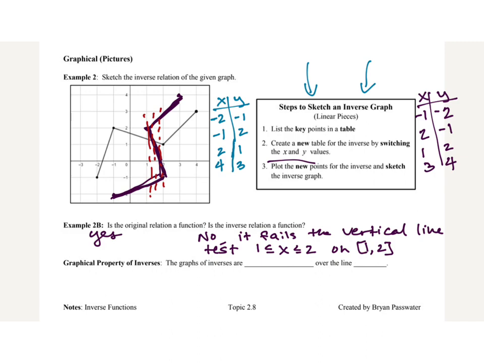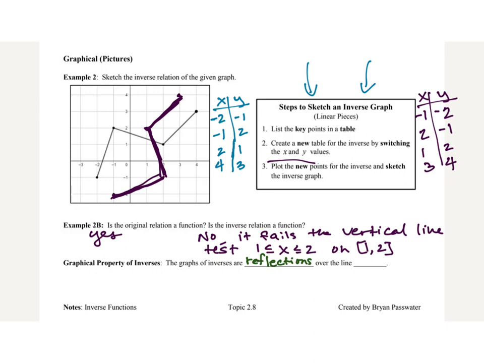Okay. Graphical properties of inverses. So this is something kind of neat. I don't know if you saw this or not. If I erase my pretty vertical lines, it says the graphs of inverses are blank over the line blank. The graphs of inverses are reflections over the line.